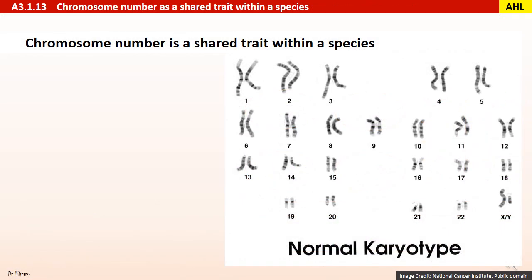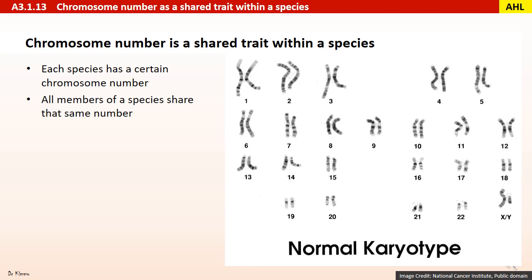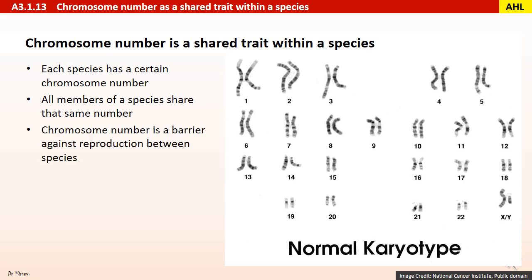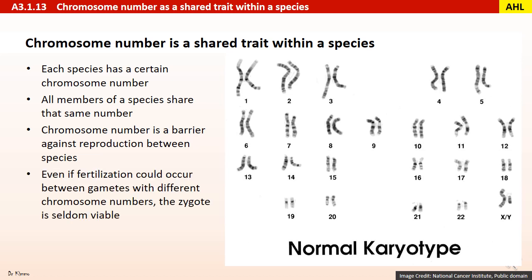Let's also have another look at a karyogram. Chromosome number is a shared trait within a species. You know that each species has a certain chromosome number, and all members of a species share that same number. This chromosome number is a barrier against reproduction between species. So the chromosome number is keeping species apart.